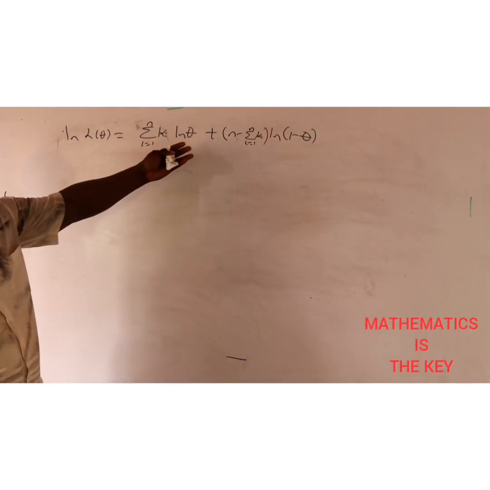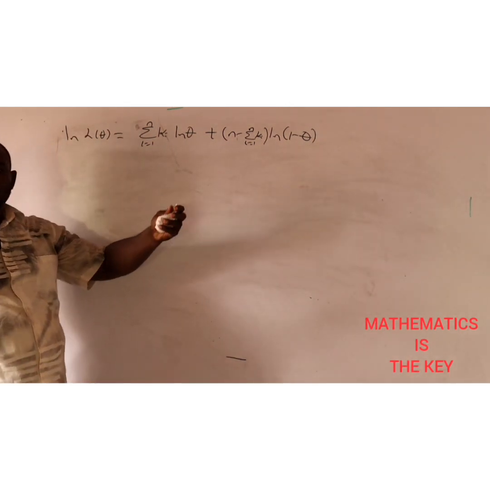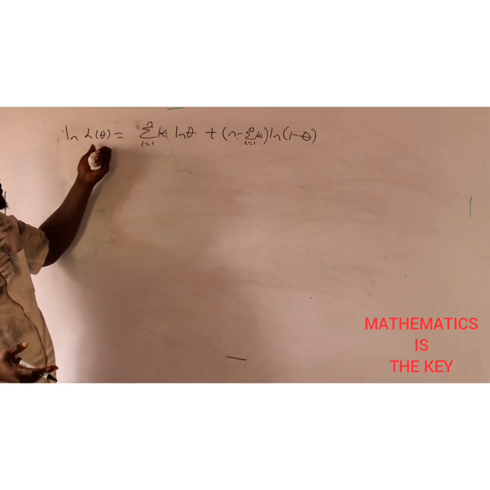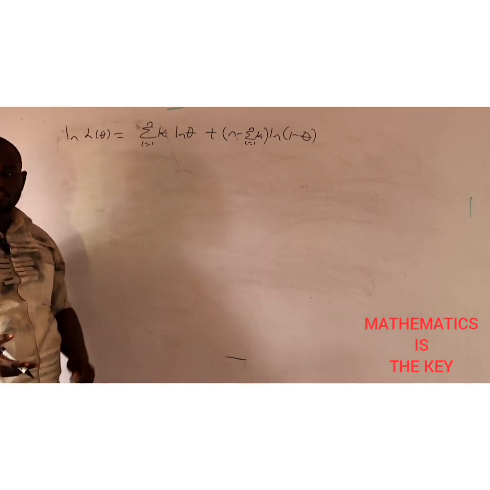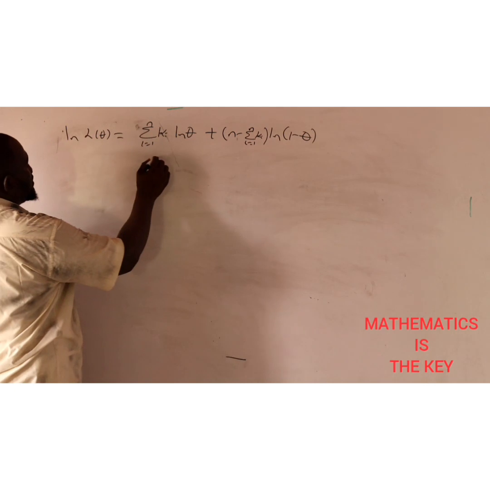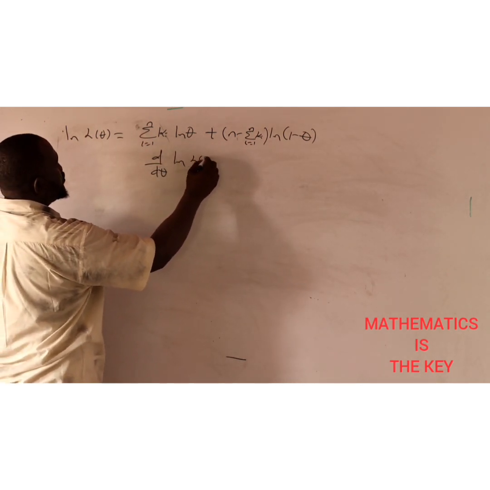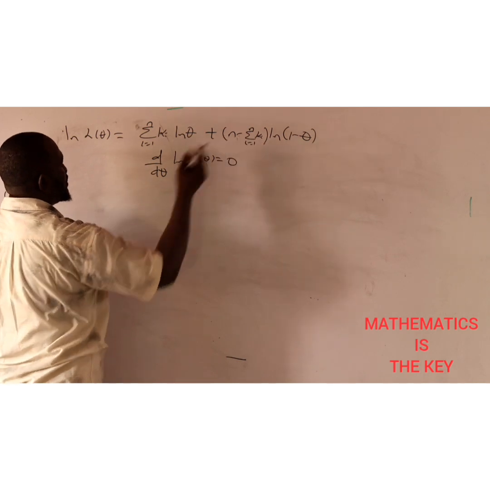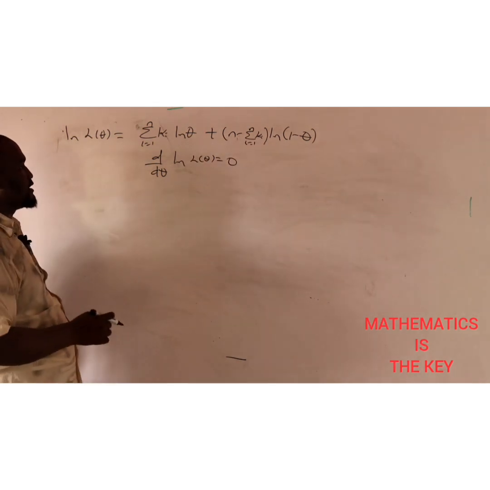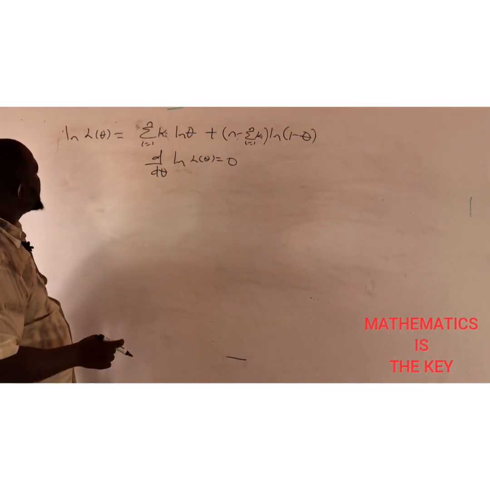Now, to find the estimate, we differentiate the ln of the likelihood function and equate to 0. That is, the derivative with respect to theta of the ln of the likelihood function is equal to 0. It will give us the estimate value.